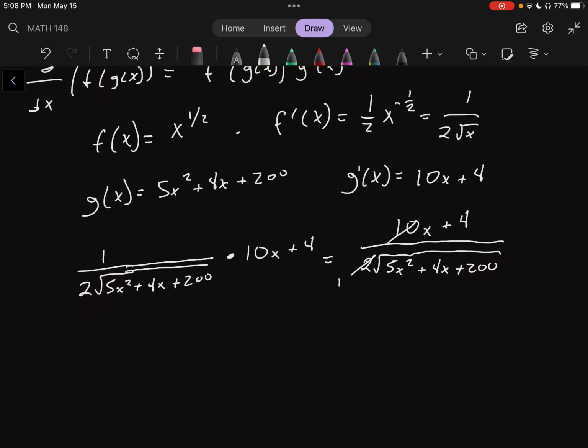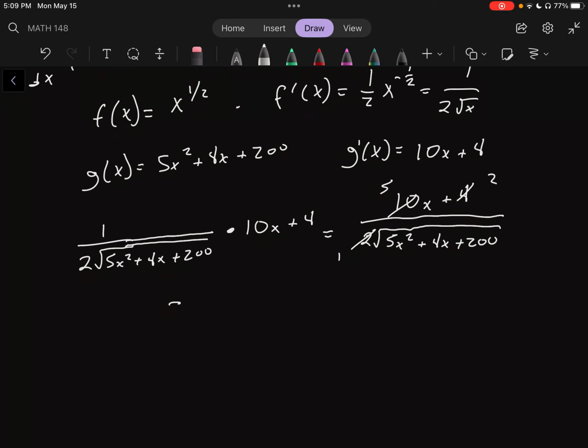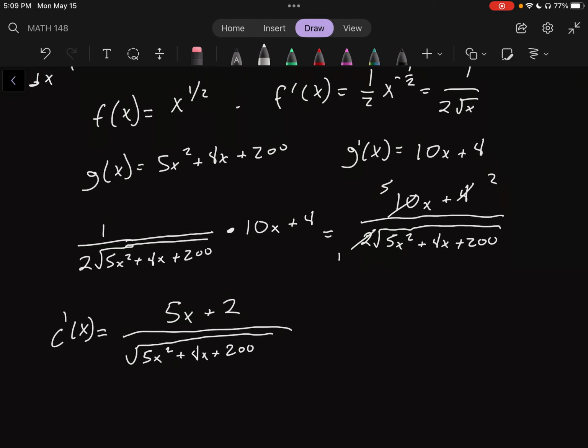So now we get 5x plus 2 over the square root of 5x squared plus 4x plus 200, and that is the marginal cost function.